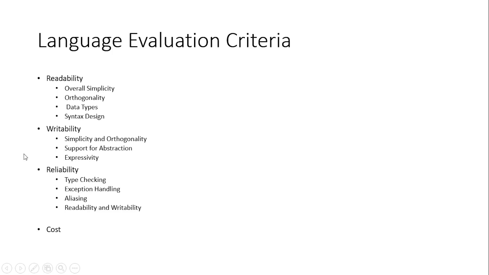So if the language is very simple and orthogonal, the cost of training is lower, and also it depends on the experience of the programmer. If the programmer is very experienced, he will easily learn all these concepts.